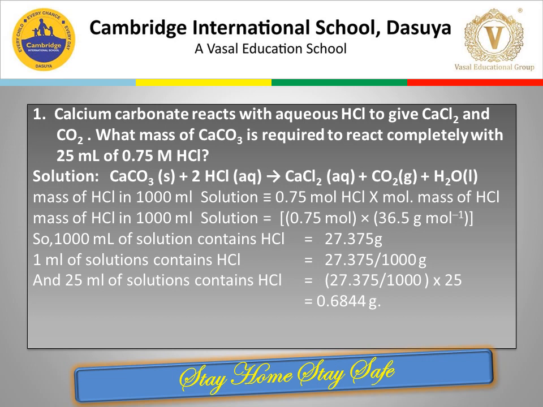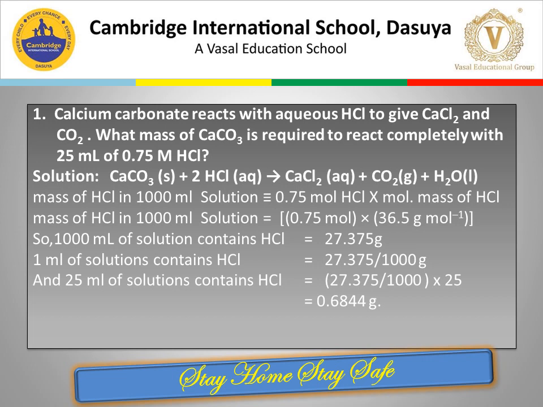So 25 ml of solution should contain 27.375 upon 1000 into 25, multiplying by 25 on both sides. We get 0.6844 gram. That means 25 ml of 0.75 molar HCl has a weight of 0.6844 gram.